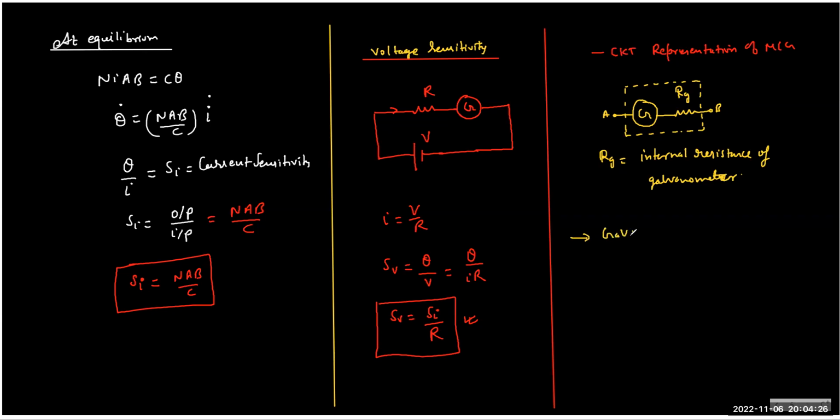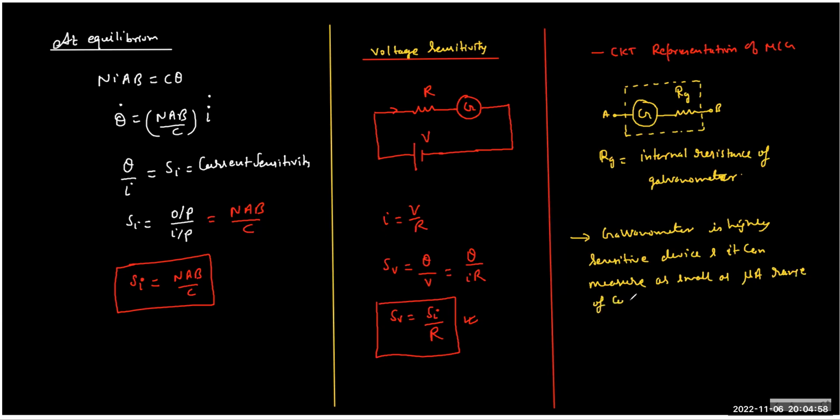The galvanometer is a highly sensitive device, and it can measure as small as microampere range of current up to milliampere range of current.